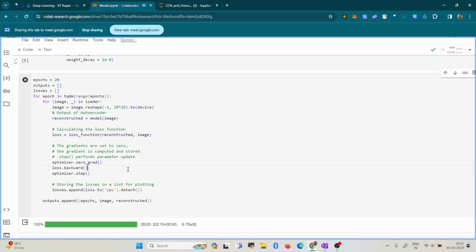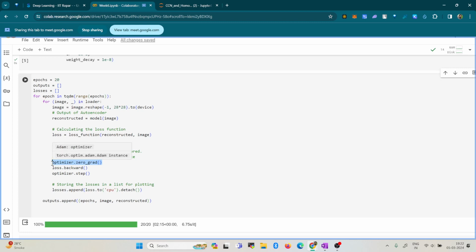Then I'll take an optimizer dot step. It will take one step in the direction of your gradient. The backward call does the gradient calculation, and this will do one step in that direction. Now what is this optimizer dot zero grad? PyTorch has a special property.